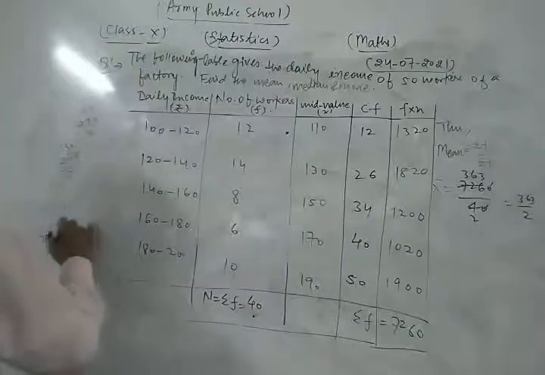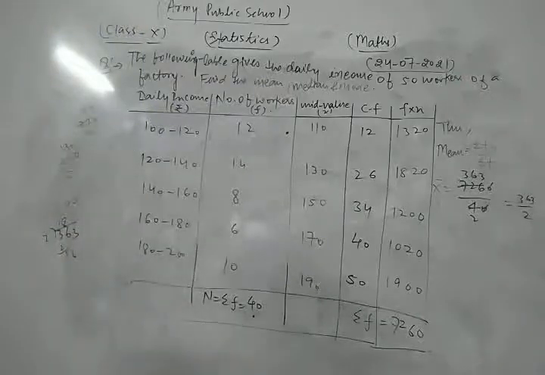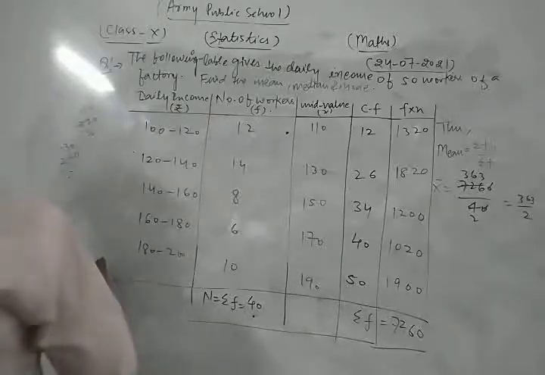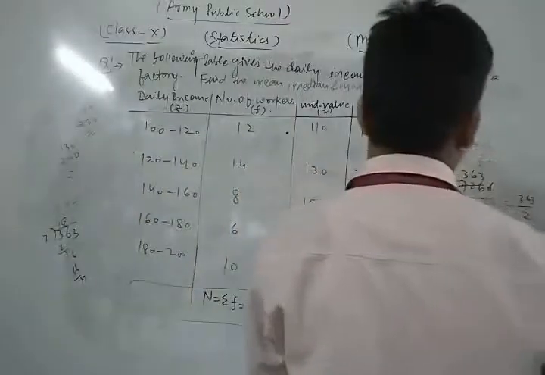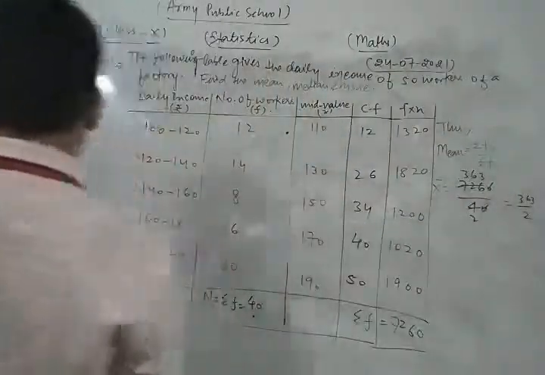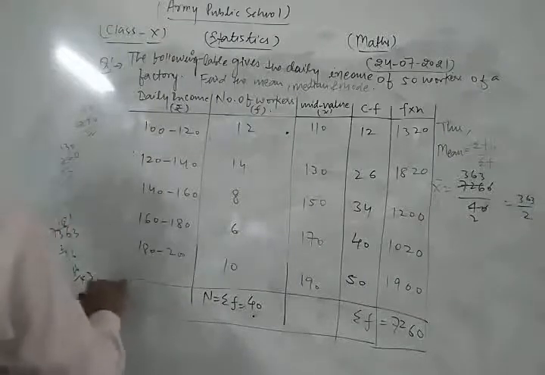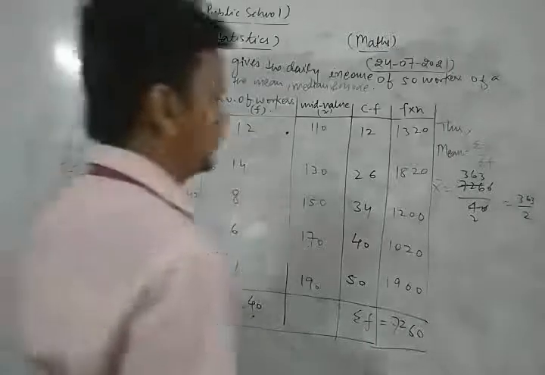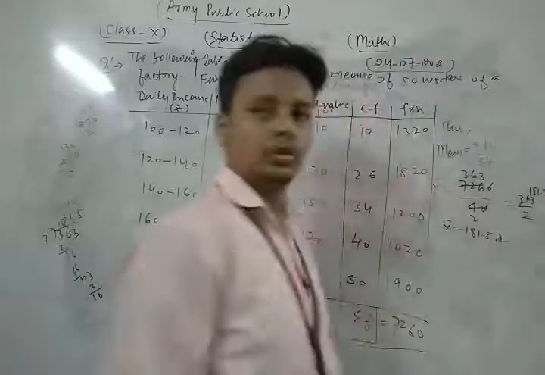Now we divide 363 by 2, which is 181.5. So the mean of the given data is 181.5. This is the first answer. In this way we find its mean.